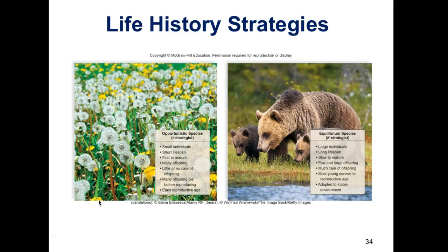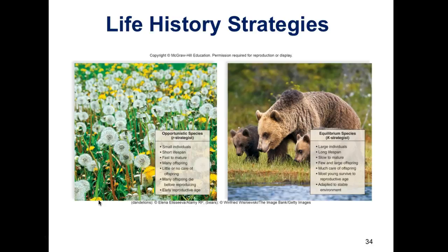So here you have a summarization. Dandelions in the field are R strategist or opportunistic species. Small individual, short lifespan, fast to mature. Many offspring, little or no care for the offspring, and many offspring die before reproduction. So therefore you have an early reproductive age.